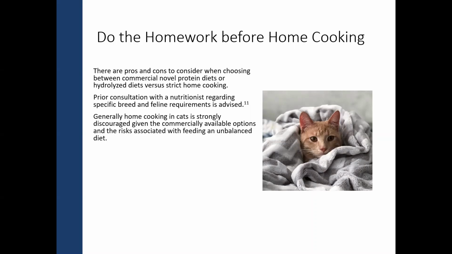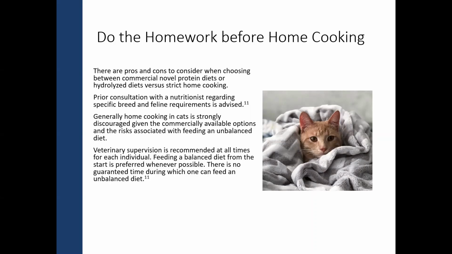Generally, home cooking in cats is discouraged given the commercially available options and the risks that are associated with feeding an unbalanced diet. Veterinary supervision is critical at all times for each individual. Feeding a balanced diet from the start is preferred whenever possible, so a commercial option is preferable. There is no guaranteed time during which one can feed an unbalanced diet.